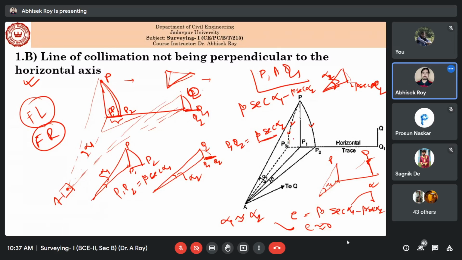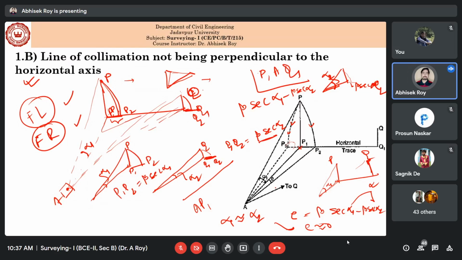So ultimately the P1 P3 value will be similar to P1 P2. Hence, if you take both the measurements, face left and face right, and take the average of these two, then obviously you will get the actual position of P1, or the measurements with respect to the AP1 line, right?